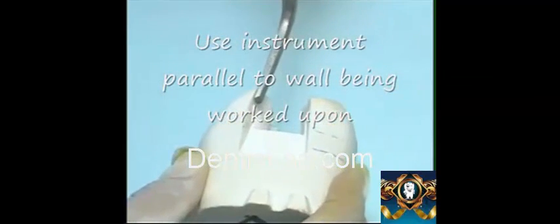For the buccal wall, one side of the instrument is used, and on the lingual wall, the other side of the instrument must be used. There are two directions we must consider when using hand instruments on the proximal box: occlusogingival and axioproximal.